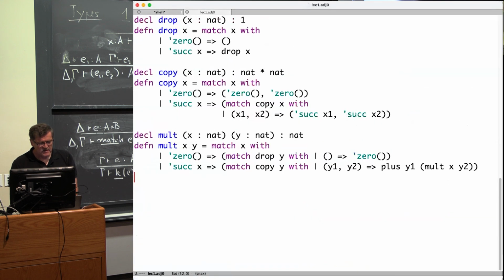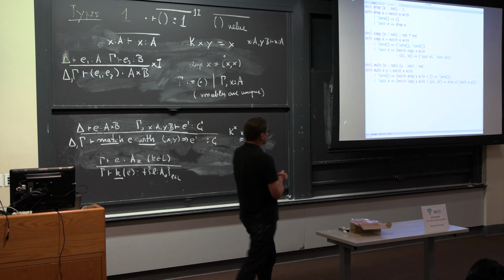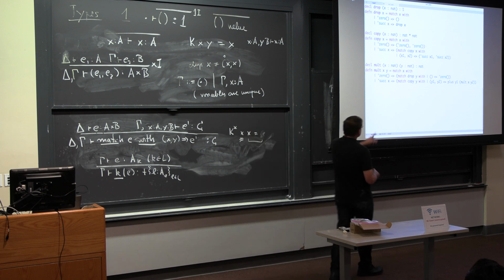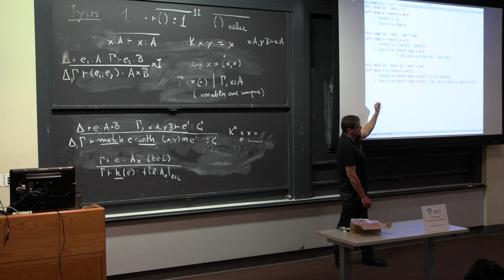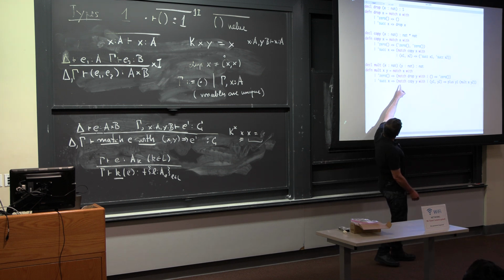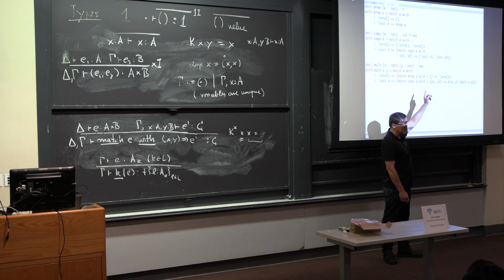Now we might not want to actually use this kind of function in practice for multiple reasons. One, unary numbers are very, very long, okay? And the second thing is that on every level of recursion, we have to copy y, right?